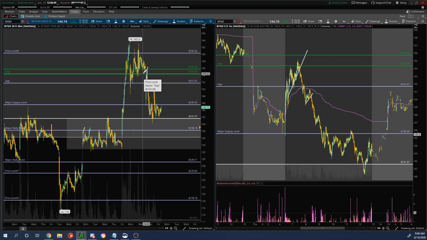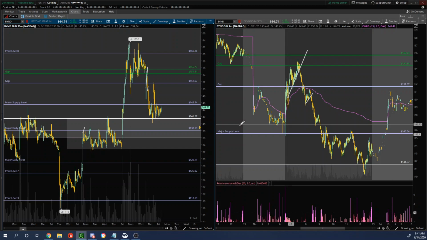And look at the volume that was done during these buying days. So they're really underwater here, guys. Pretty simple, okay? Buyers are underwater. Sometimes the sellers are underwater, and sometimes the buyers are underwater.